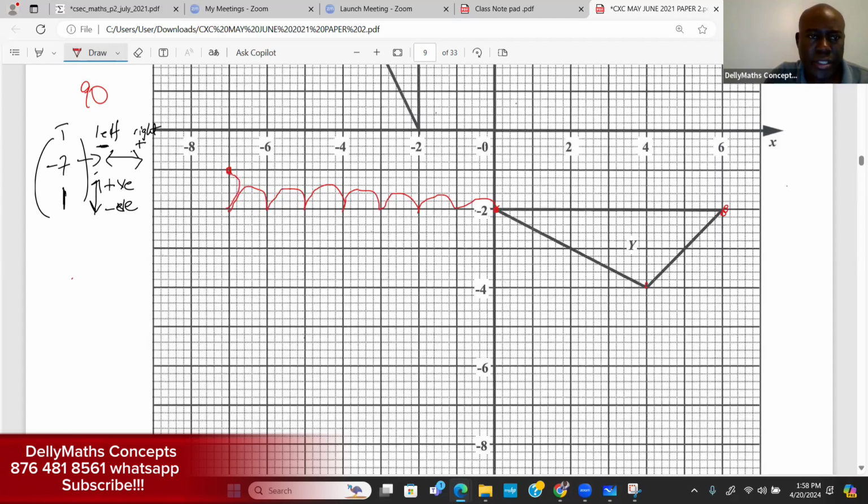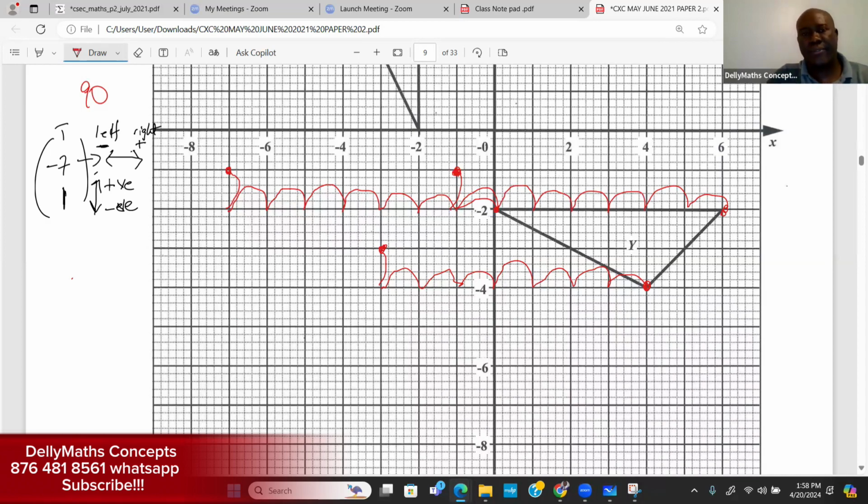So that point reaches here. Then I'm going to move this point here. So it is 1, 2, 3, 4, 5, 6, 7, 7 to the left, 1 up. That point reaches here. Lastly, this one, 1, 2, 3, 4, 5, 6, 7 to the left, 1 up here. So they all reach there.